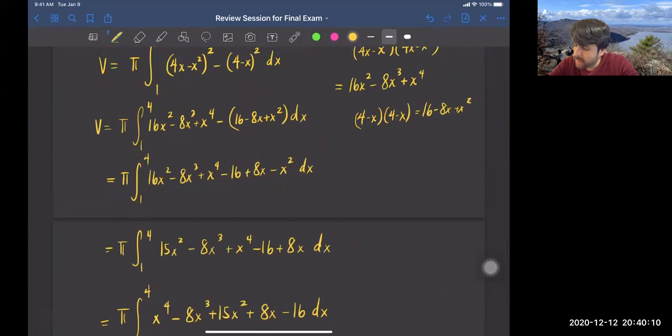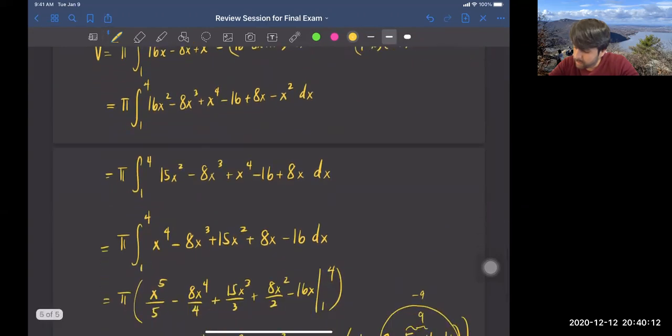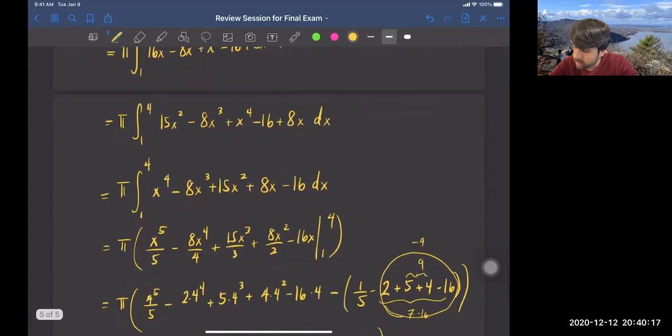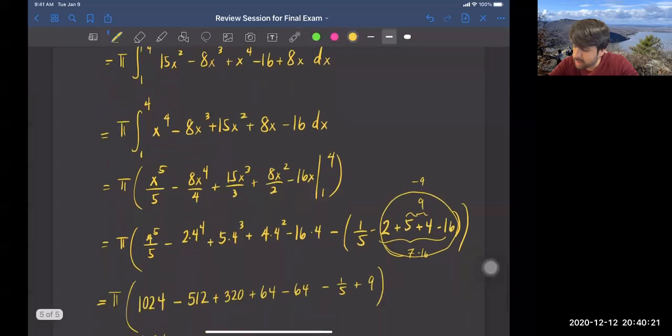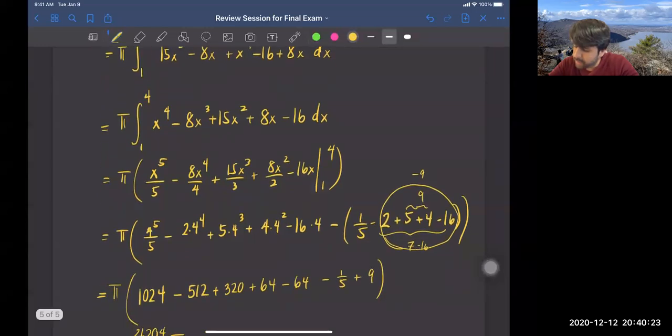And to the fifth power, fourth power, third power, second power, 16x. 4 to the fifth times 2x times 5, 4, and then 4x, and then 16 times 4, and then minus 1/5 minus 2 plus 5 plus 4 minus 16.